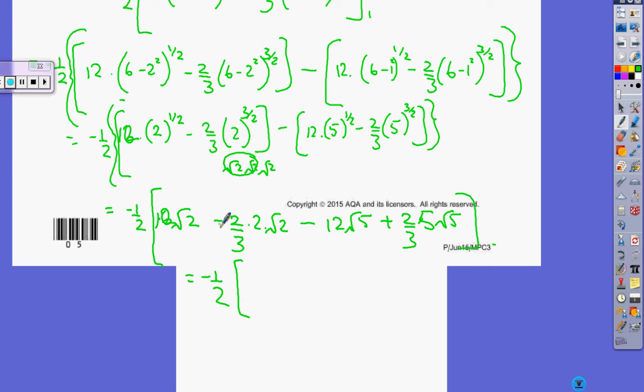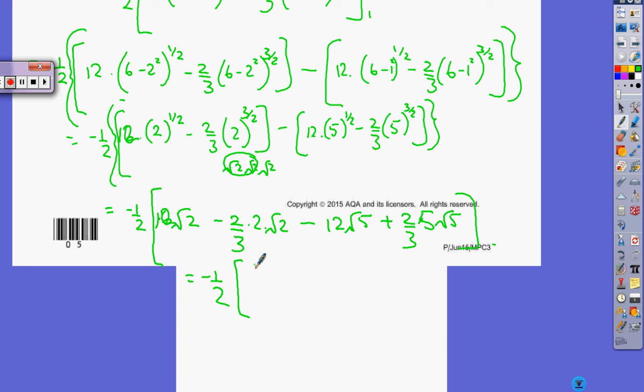12 minus 4 over 3. Need my calculator. Okay, having got my calculator, I can carry on. So you end up with 16 root 2 minus 4 over 3 root 2.